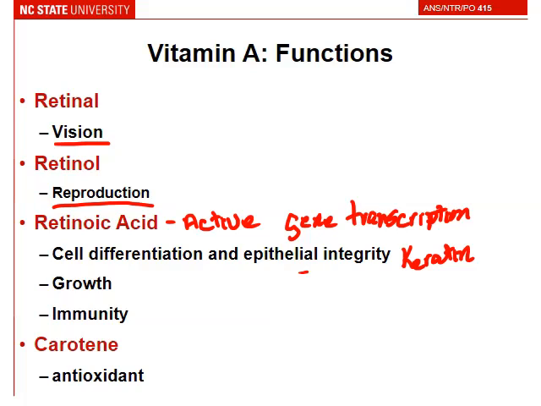So they say that if you're deficient, you have more of a Th1 response versus a Th2. You don't have to know that at all, but it's kind of fun.